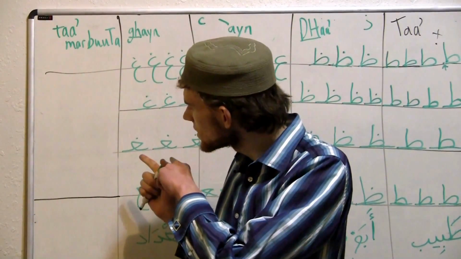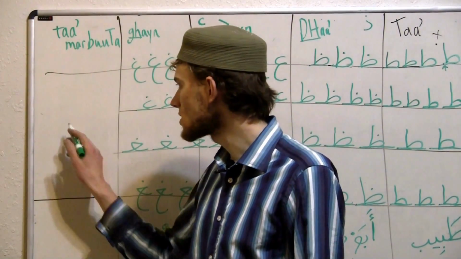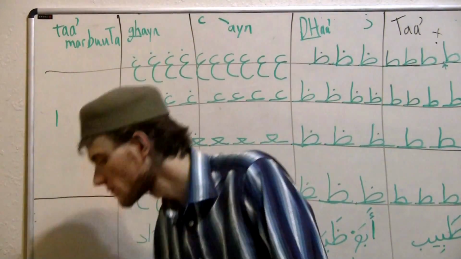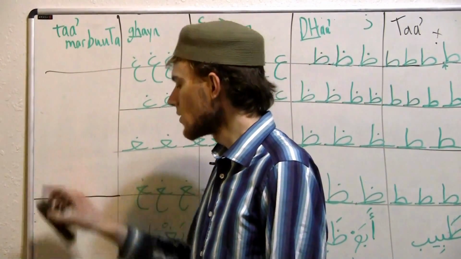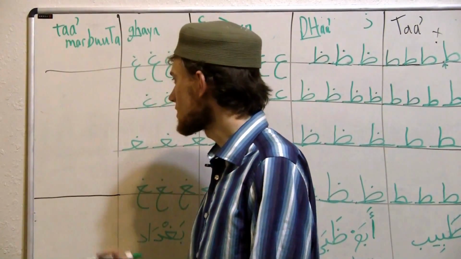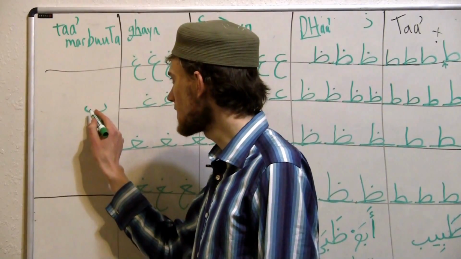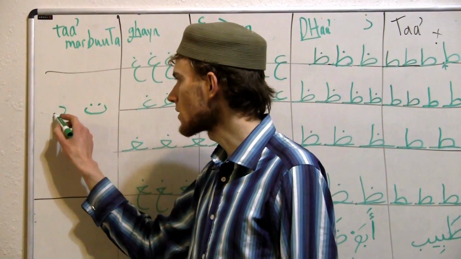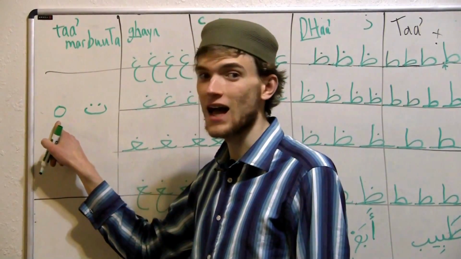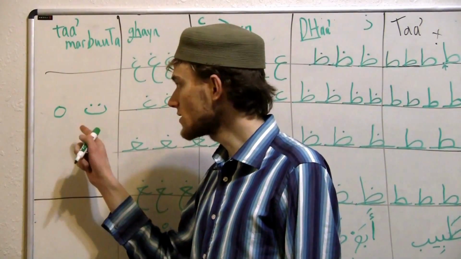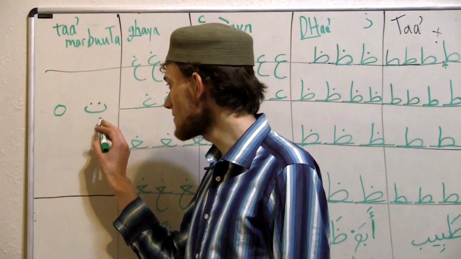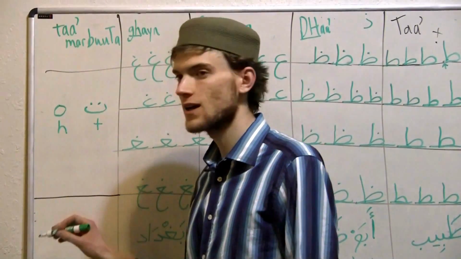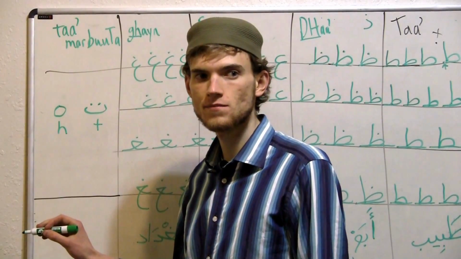This letter is basically the combination between a ta and a letter that we haven't seen yet, which we'll get to soon inshallah, which is the ha. The reason for this is because sometimes it's pronounced like a t, and other times it's pronounced like a ha.